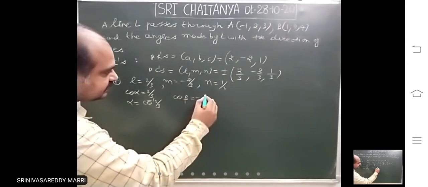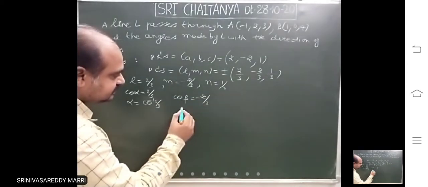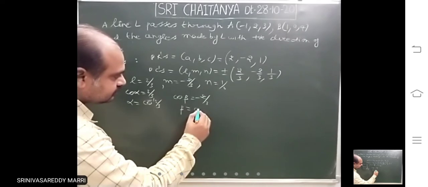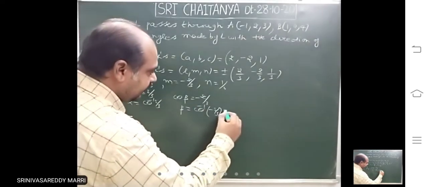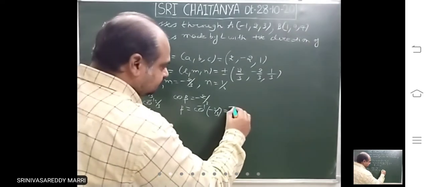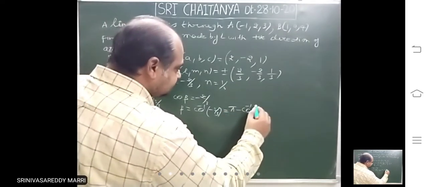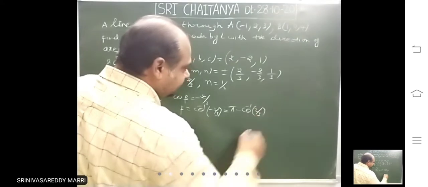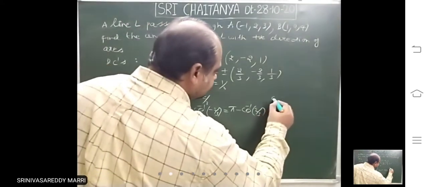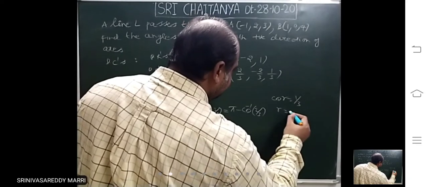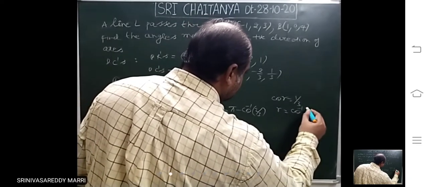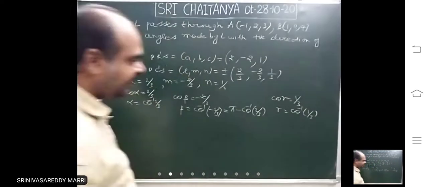Cos beta is minus 2 by 3, so beta is cos inverse minus 2 by 3, which is pi minus cos inverse 2 by 3. Cos gamma is 1 by 3, so gamma is cos inverse 1 by 3.